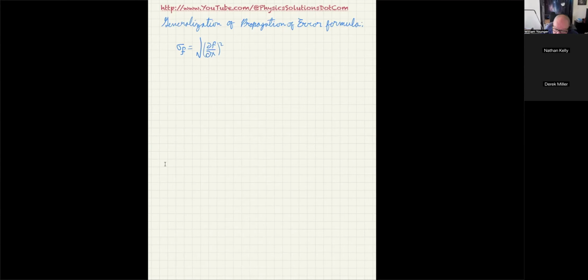Notice I'm writing what looks like backwards sixes. That's the symbol we use for partial differentiation instead of regular differentiation. And I have to also multiply that by the square of the uncertainty in x. And this is a function of three variables, but you can extend it to any number of variables just by adding more terms. But I'm pretending right now it's three variables, x, y, and z.